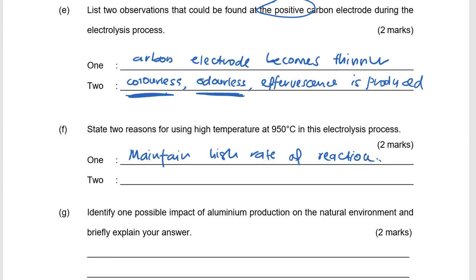Okay, and secondly, remember this is a molten electrolyte, so obviously an ionic compound would need very, very high temperature to remain molten. So oxide maintains in molten state.